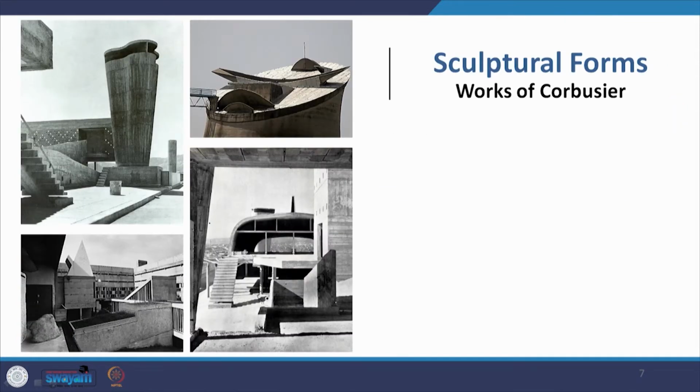Then there are these sculptural forms in the work of Corbusier. He had already started doing that. If you refer back to my previous lecture, I had told you that as he moved towards brutalism, right from the Ronchamp Chapel onwards to the Monastery La Tourette, and then you find these at the terrace of the Unite d'Habitation. This is the pure rugged geometrical forms of La Tourette.